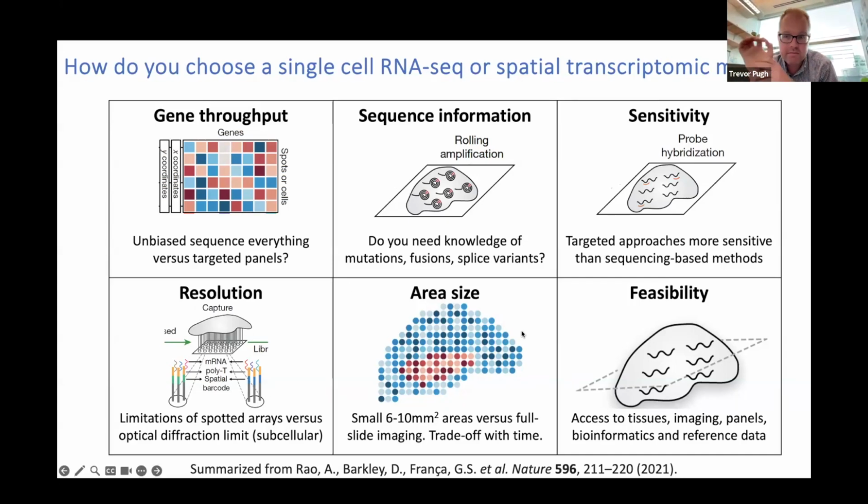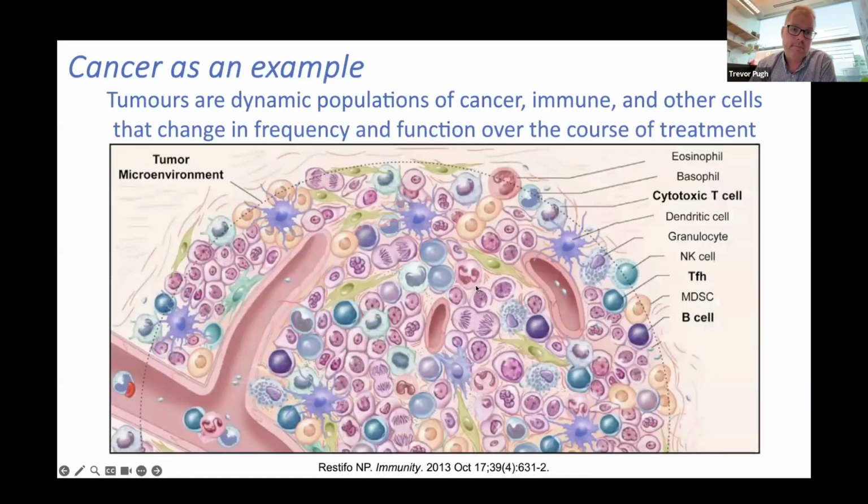If you have a tiny pinhead piece of tissue, you put multiple on a single slide, or do you have a great big surgical sample where you can do a lot more with it, or you have to choose a certain region of interest? And some of it bakes down to feasibility. Do you have access to tissues? Do you have access to flow cytometry? Is there a genomics facility locally, or is your local group very strong in microscopy? Some of that will also play into your selection of technologies.